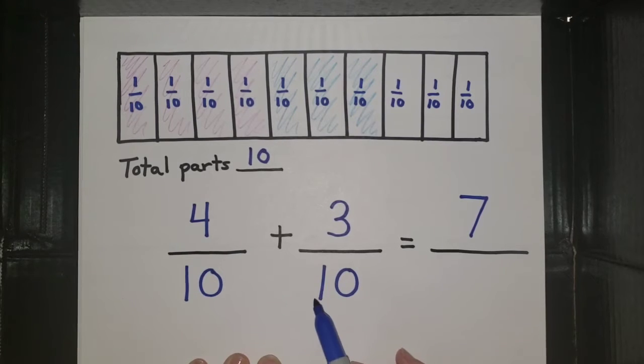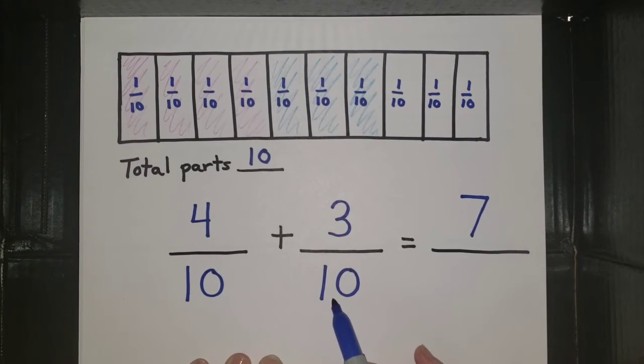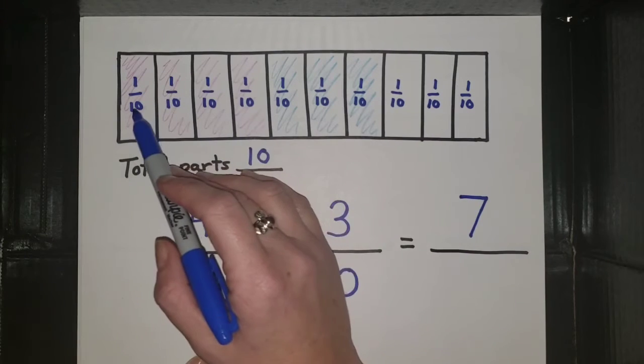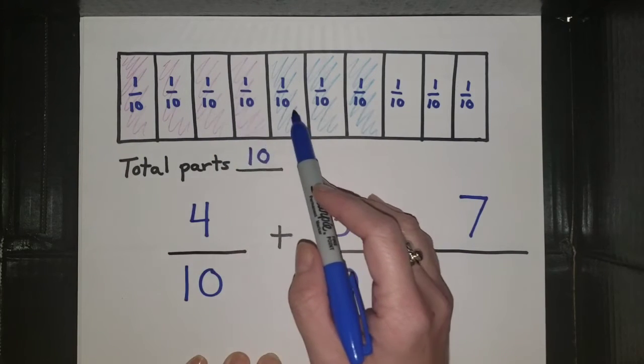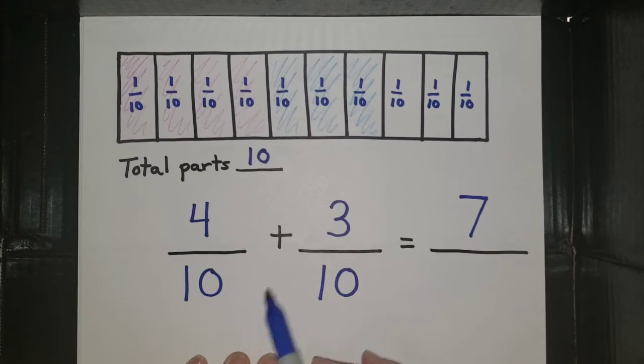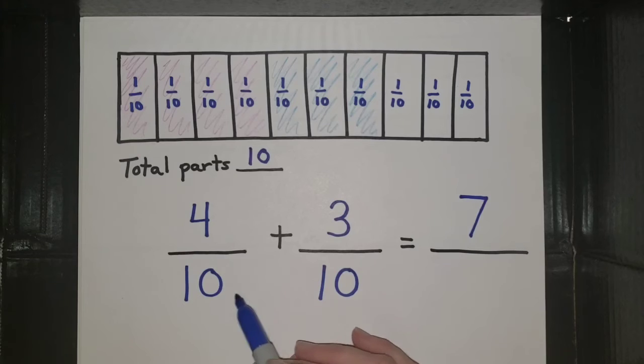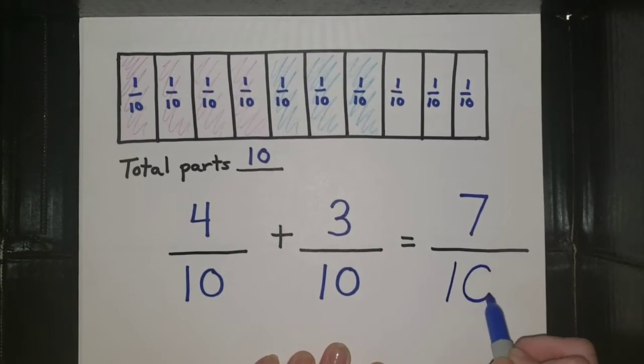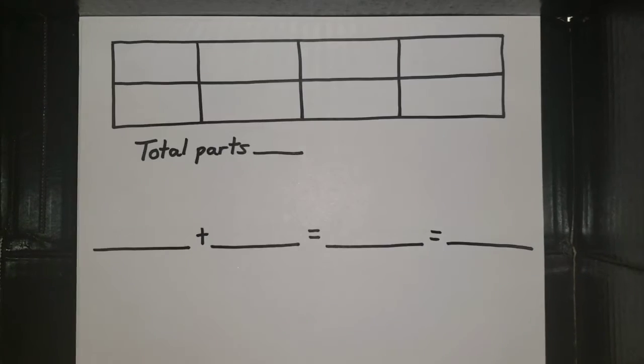But we have learned that that is not the proper practice, because all we did was add tenths. We added 4 tenths here and 3 tenths here. We are still adding tenths. So 4 tenths plus 3 tenths equals 7 tenths.